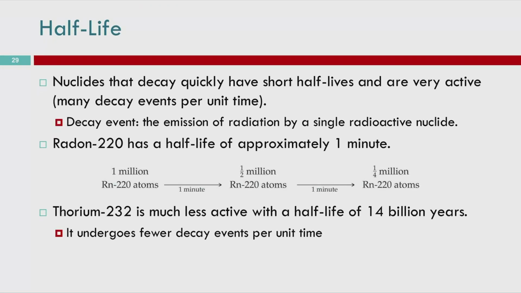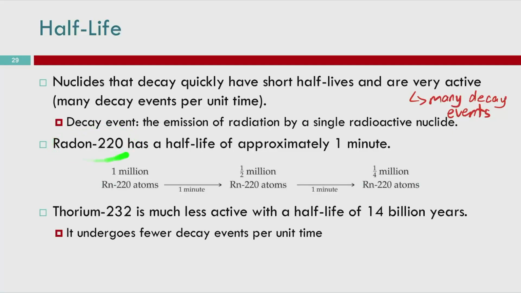Nuclides that decay quickly have short half-lives and are considered very active. They have a lot of decay events per minute or per unit time. So lots of alpha particles or beta particles or gamma rays being emitted.